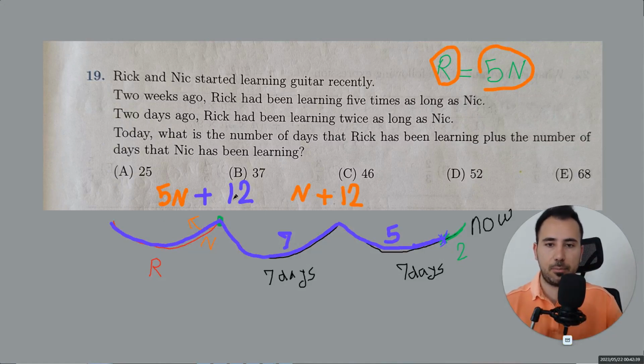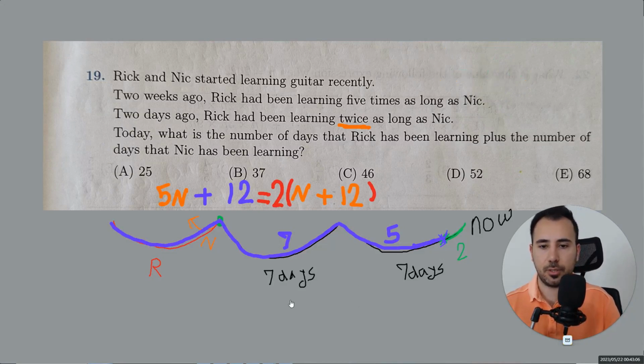Rick was 5n plus 12. Nick has been doing it for n plus 12. And here it says that it's just twice. So Nick is the smaller number, so we give times 2 to this part.